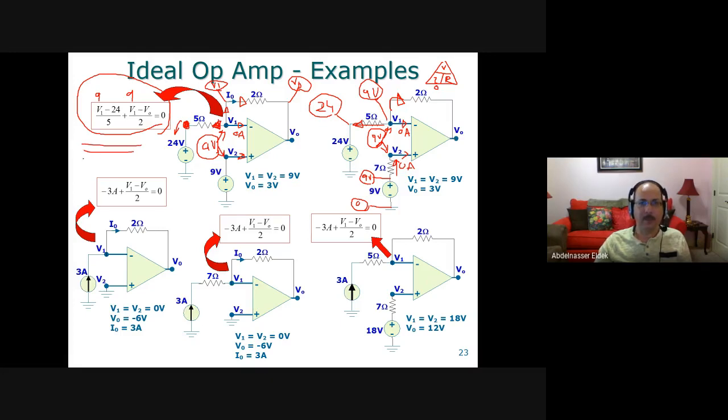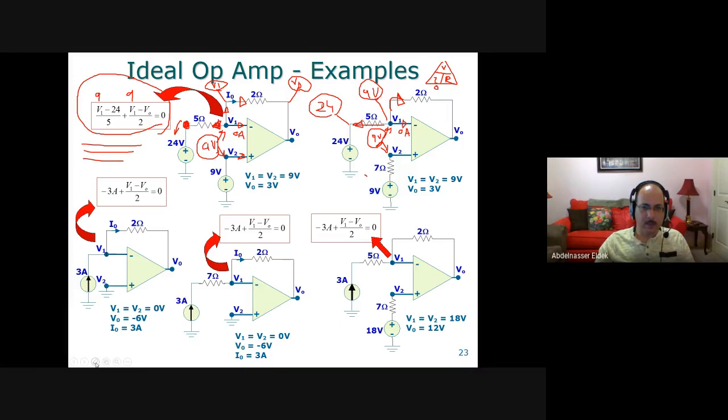There's no difference between this one and this one. So the first top circuits are the same. This 7 ohm will not make any difference. Why? Because there is no current in the 7 ohm. So you will have the same result.